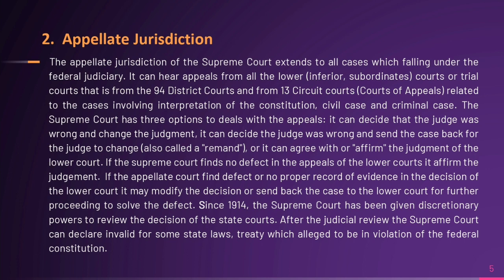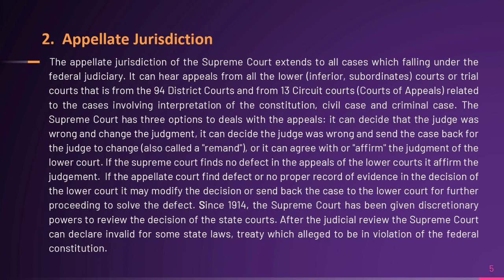Judicial review means the power of the Supreme Court to revise, to review, to recheck and to re-examine the law which was made by the US Senate or the House of Representatives, or it can review the appeal or the decisions of the lower courts.